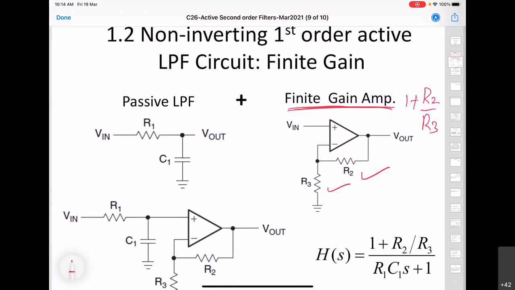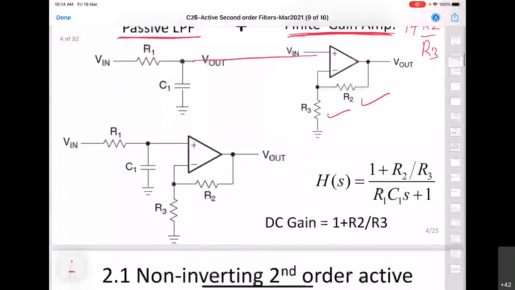So now instead of taking a unity buffer, we take a finite gain amplifier, and we take our usual passive low pass circuit, and then what we do is we simply cascade them. So when we cascade, this is what we get. The transfer function simply gets modified, and here what we are getting is the previous transfer function.